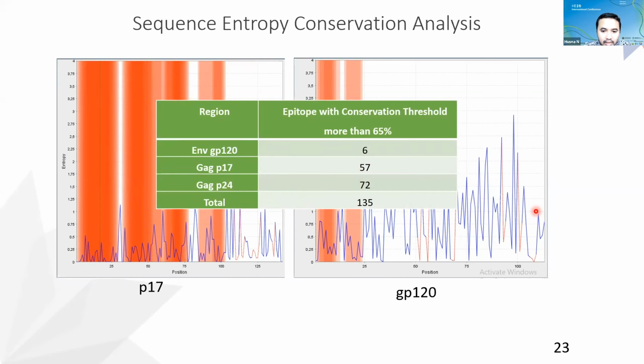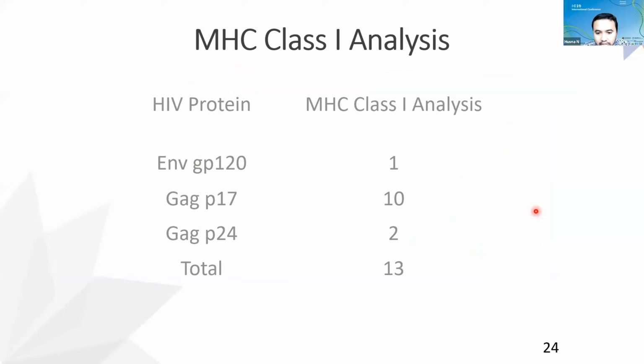So here we filtered for epitopes with conservation of more than 85%. We got a total of 135 at the end.